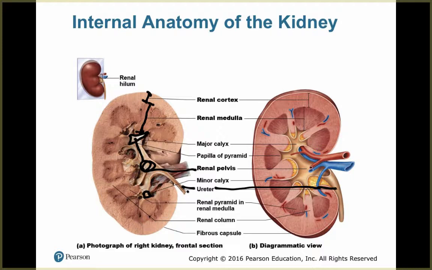Now the renal pyramids are these pyramid-shaped objects that are in the renal medulla, and between those, you can see here, are the renal columns. On the outside of this is going to be the fibrous capsule, and of course this is the renal artery, and this is the renal vein here, and you can see them in this area on the outside.